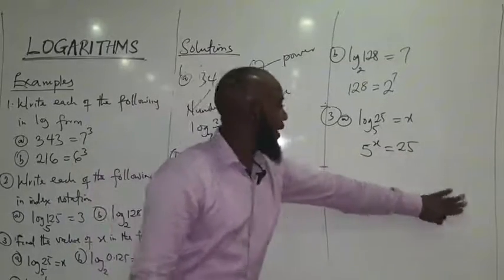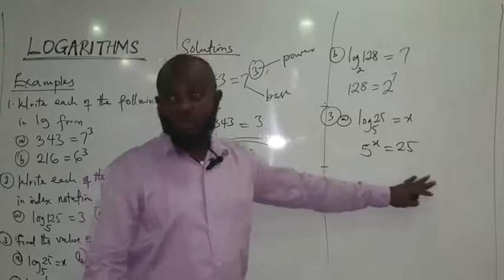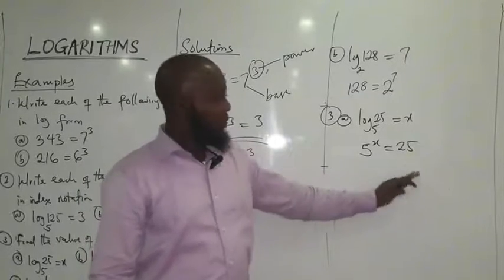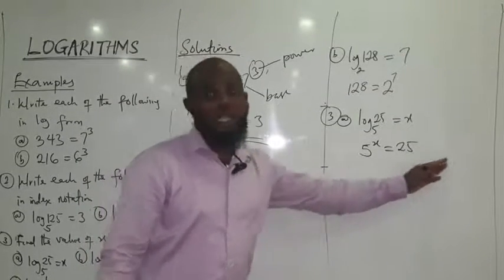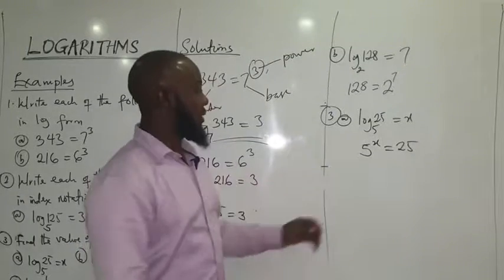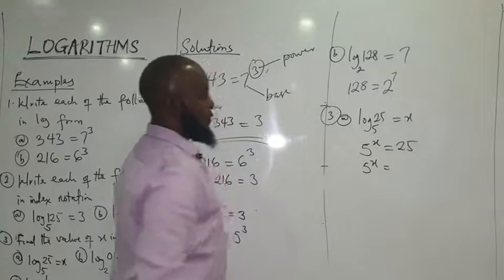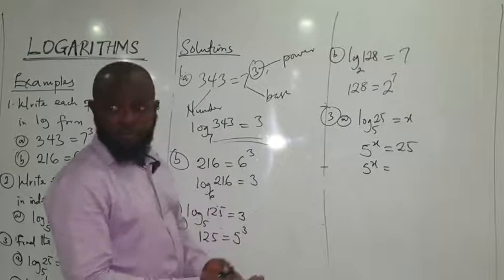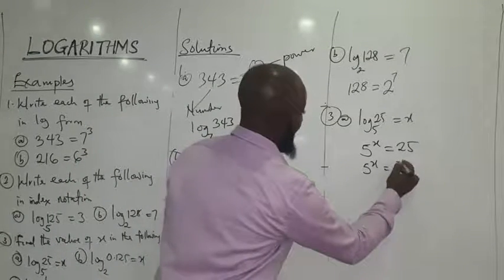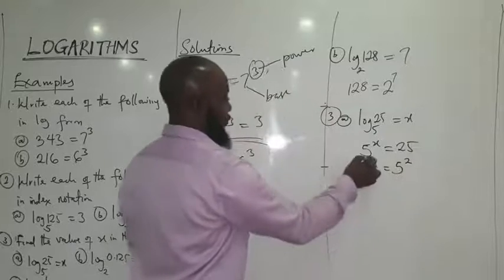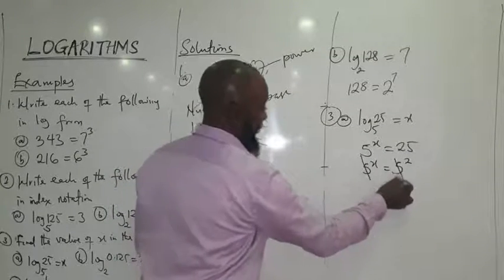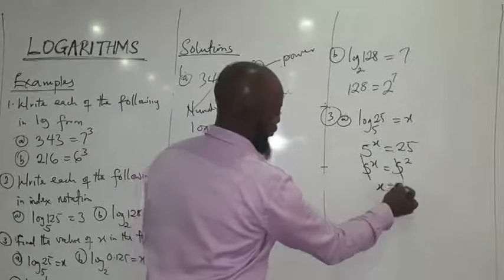So we can take this one to indices. We have treated indicial equations, exponential equations. This one has led to an exponential equation. We can solve this by saying 5 raised to x equals 25. We can write 25 in base 5 as 5 raised to 2. So we cancel the 5, therefore x equals 2.